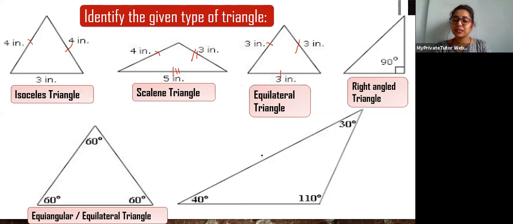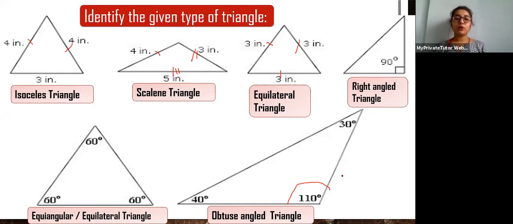They have given us angles, right? On the basis of angle, you can see there's an angle which is more than 90 degrees, and this angle is an obtuse angle. Therefore, this triangle is an obtuse angled triangle. I hope you're clear with all of these questions, how you identify the answers. Let's get into the next one.